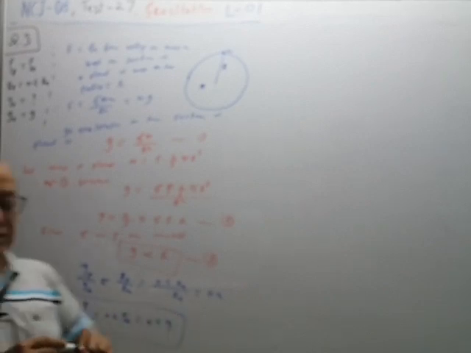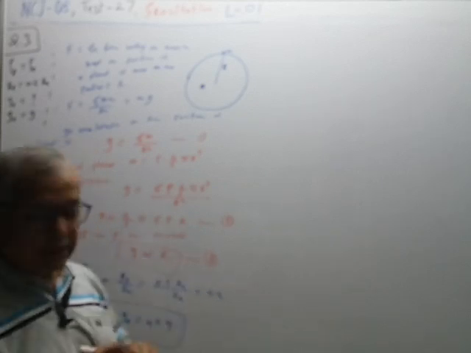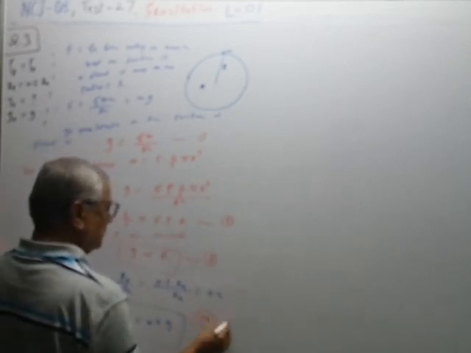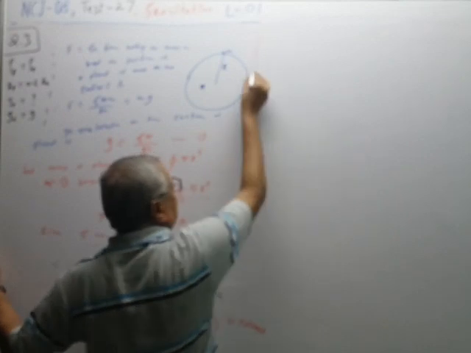So gravitational acceleration on the surface of the planet is equal to this much. So the correct answer is A. Therefore, A is correct.